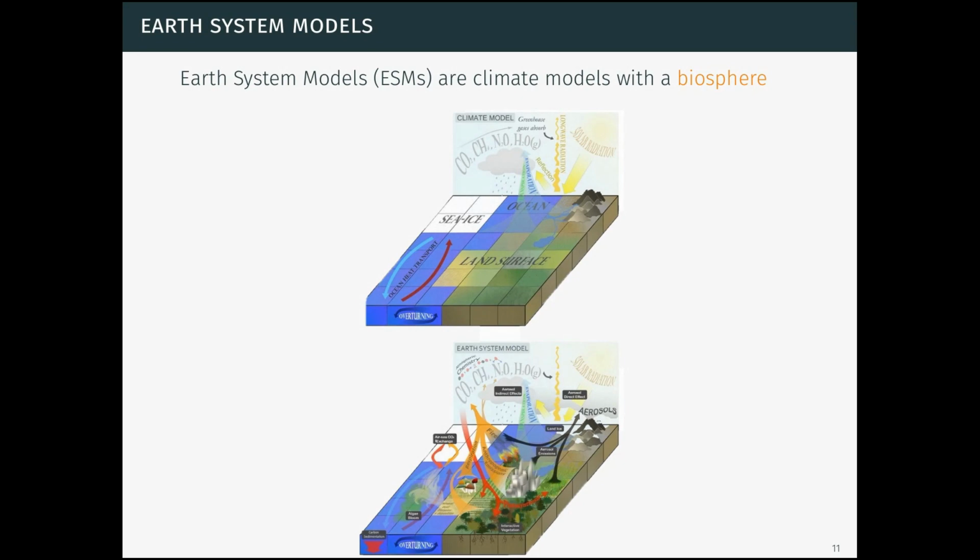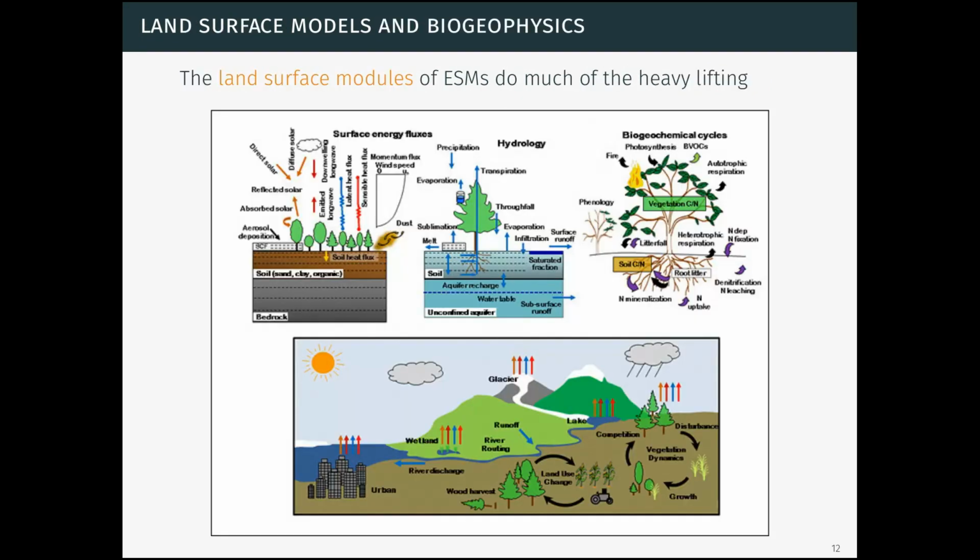And the key part of these models are the land surface submodules. So these are modules that specifically look at the land surface and how that influences flows into the climate. And so you can see here an example from the Community Land Model, all the different kinds of flows it represents. You have all these surface energy fluxes, you have flows of water through the hydro system, and you have biogeochemical cycles, so flows of carbon and nitrogen between the land and the atmosphere.